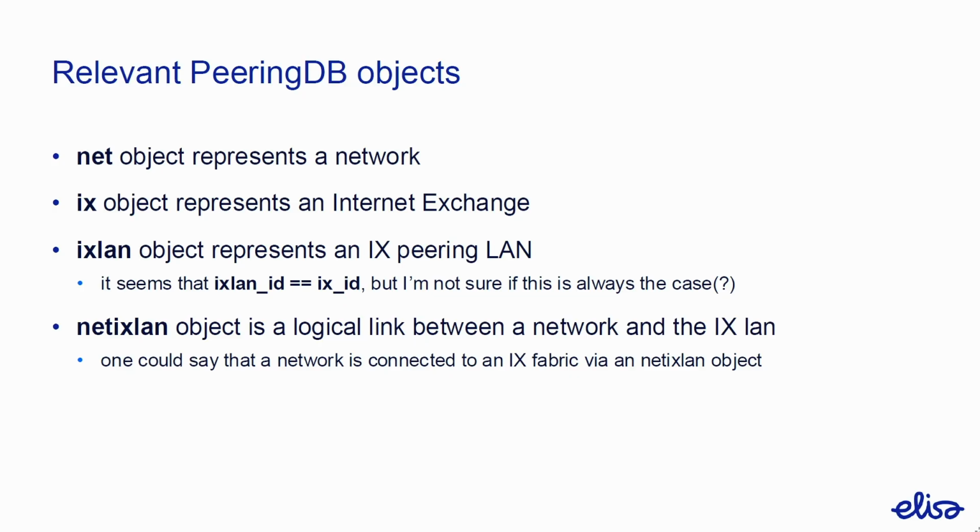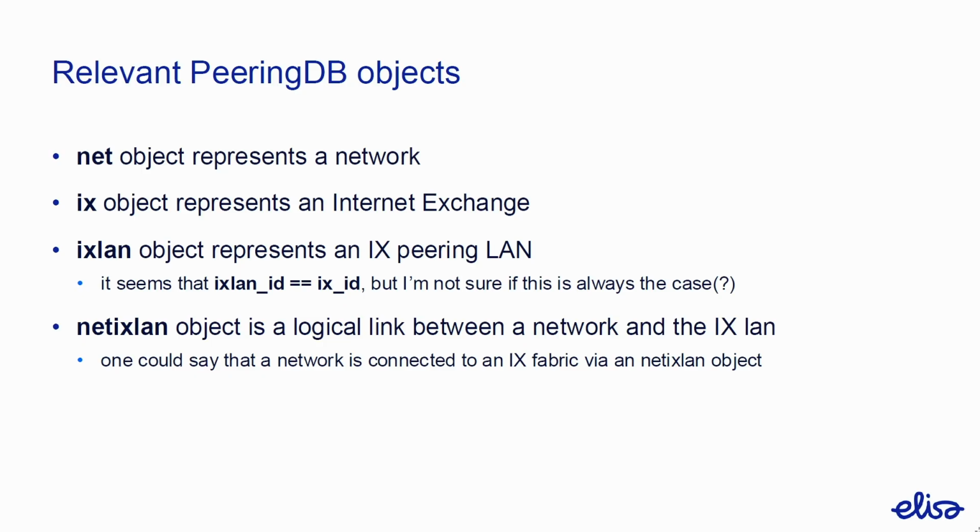and an IX object is the internet exchange, naturally, but it's actually the IX from, how to say, the administrative point of view. It defines things like the IX web page address, maybe some contact information and things like that.